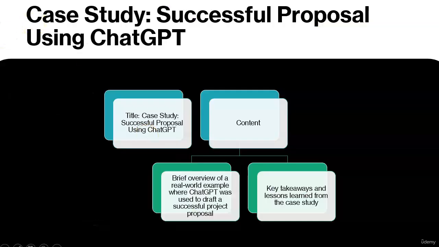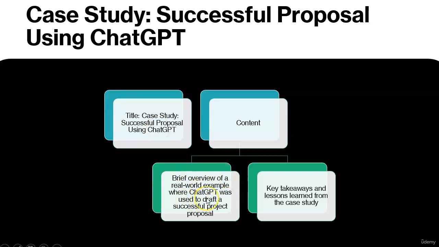One case study: a successful proposal using ChatGPT. Let's look at a real-world example. In a recent case study, a project manager used ChatGPT to draft a proposal for a complex IT infrastructure project.